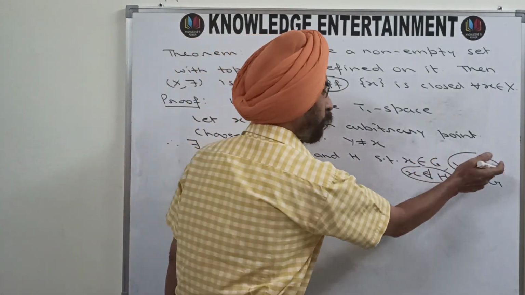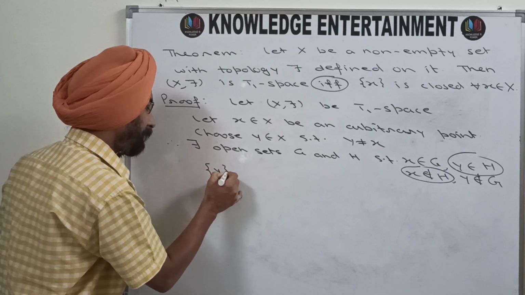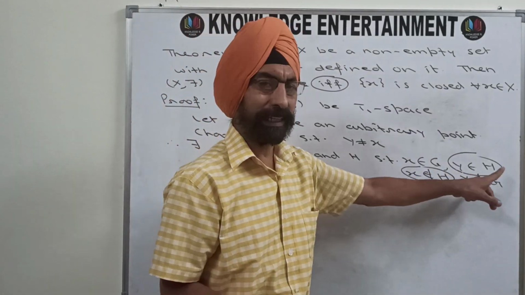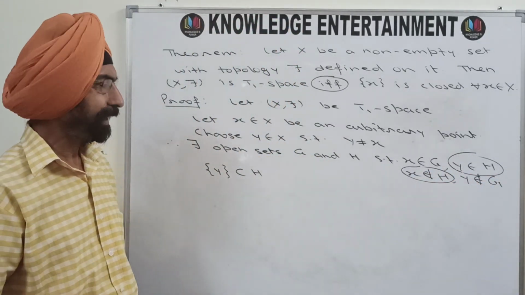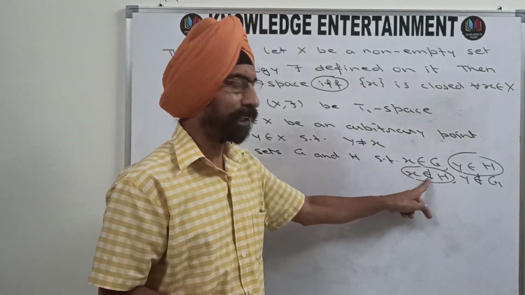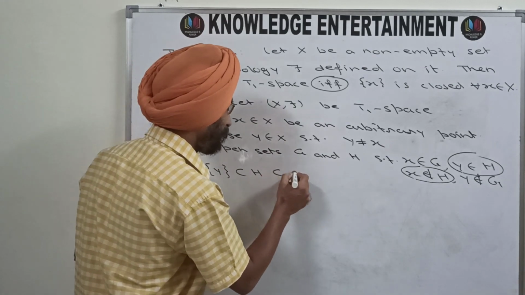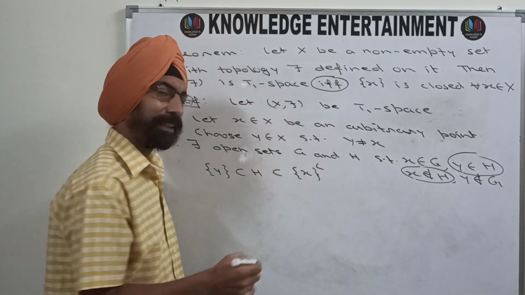Now y belongs to H, that means singleton set {y} is a subset of H, because y is an element of H, so the singleton set {y} will be the subset of H. And x does not belong to H means H is a subset of the complement of the singleton set {x}.